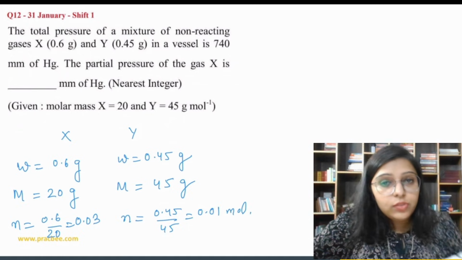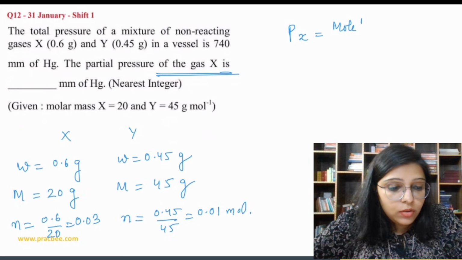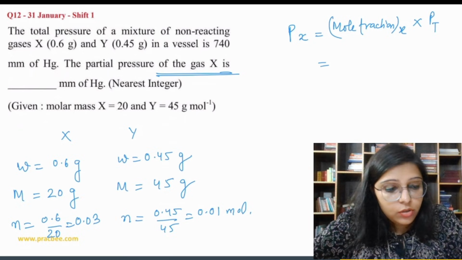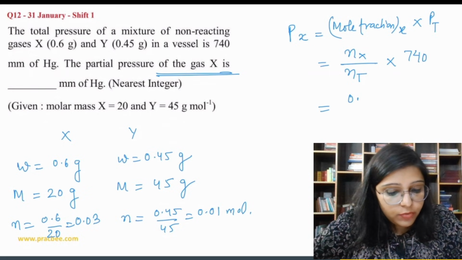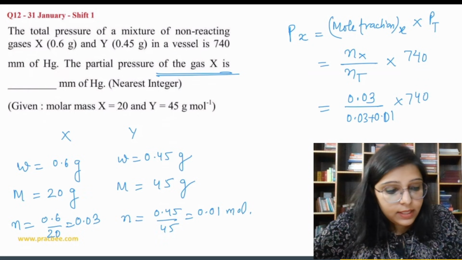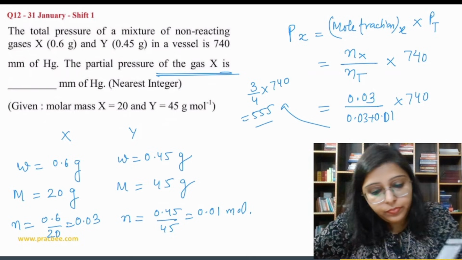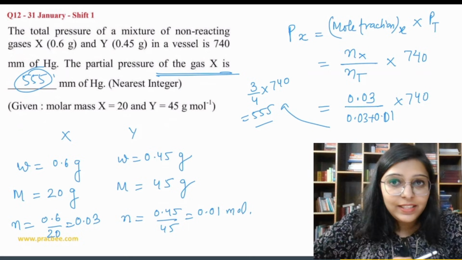Okay, so we have to find out the partial pressure of gas X. So the partial pressure of gas X is mole fraction of X into total pressure. So mole fraction of X is number of moles of X divided by total moles, into total pressure, which is given as 740. So the number of moles of X is 0.03, total moles 0.03 plus 0.01, beta, into 740, which we can write as 3 by 4 into 740, which is equal to 555. So the answer is 555. Easy.